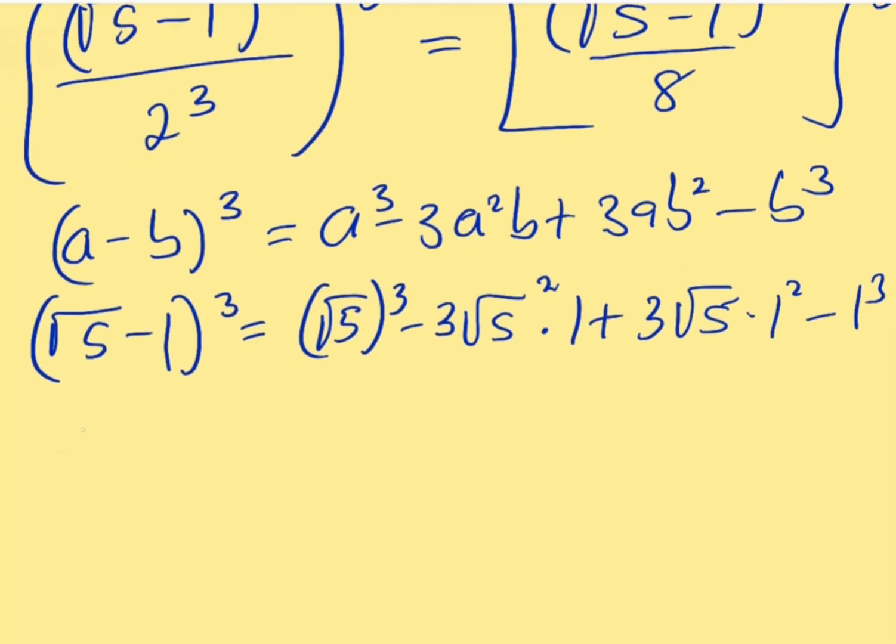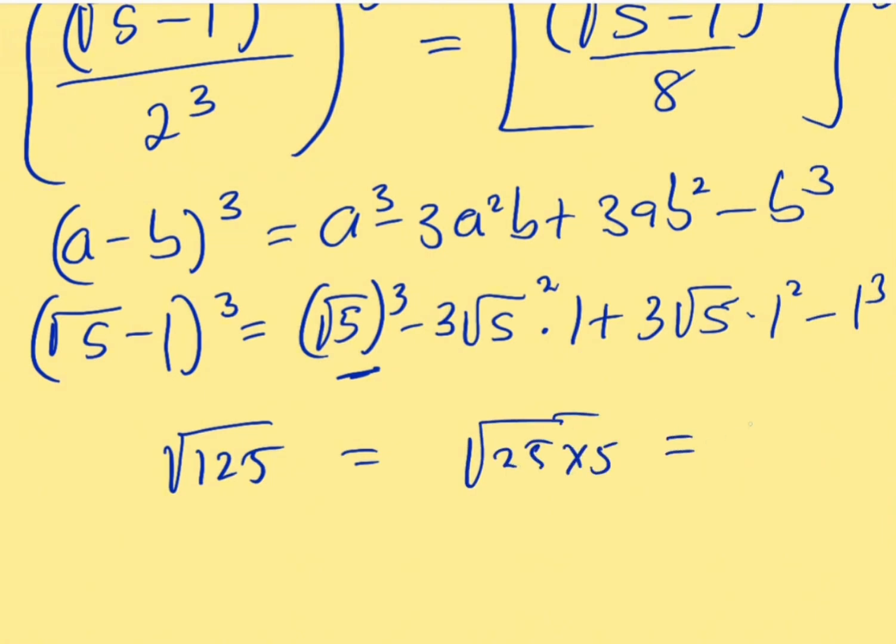Then substituting, if I simplify all these things here, this alone is square root of 125, because that will be square root of 5 times square root of 5 times square root of 5, which is the same thing as square root of 125. And I can break 125 down as 25 times 5, and square root of 25 is 5, so 5 root 5.